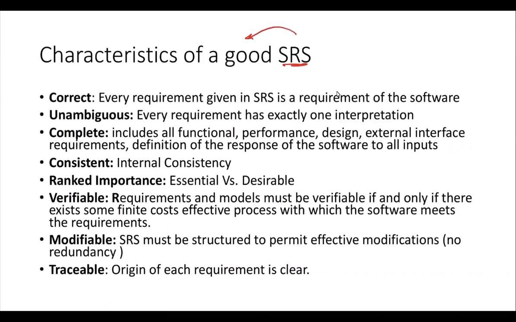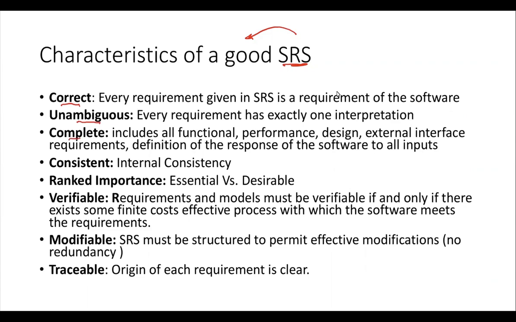An SRS should be correct, such that every requirement given in the SRS is a requirement of the software. You're not looking for a requirement that is not related to the software. Also, the SRS should be unambiguous, meaning that every requirement has exactly one interpretation. There is no ambiguity in defining your requirements.